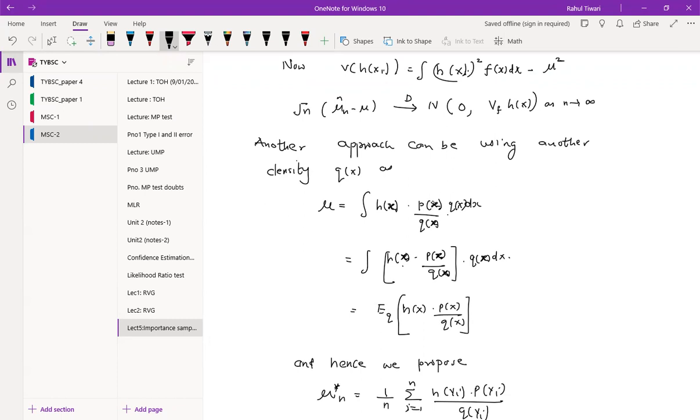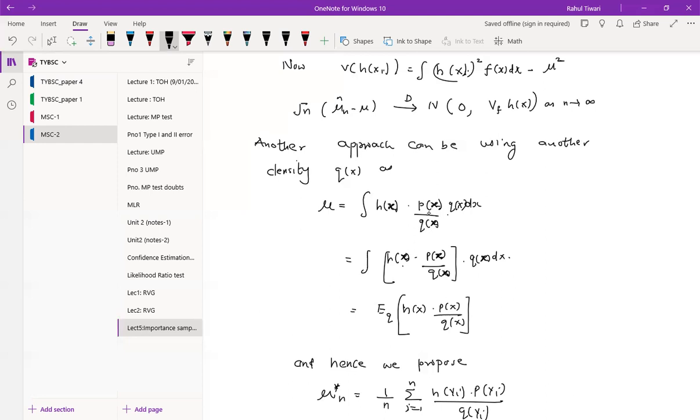Defining this q of x, this q is known as an importance distribution. There has to be some condition on it, as we have already seen: p of x and q of x must have the same support, or q of x must have a wider support compared to p of x.